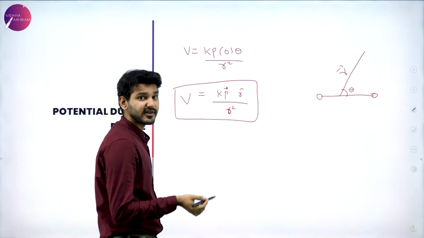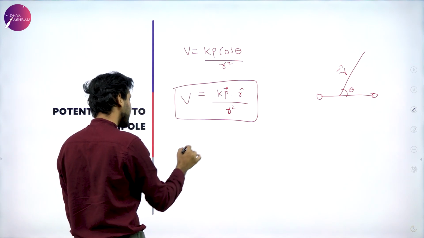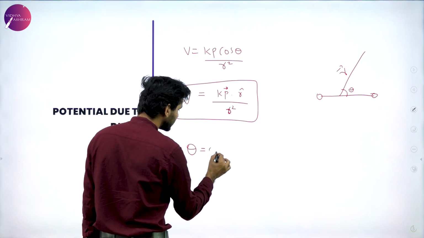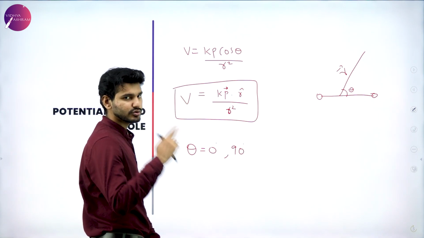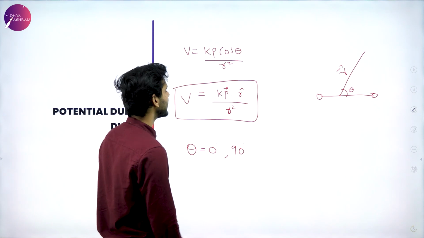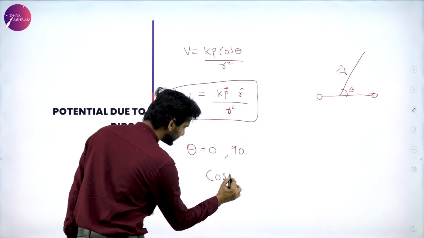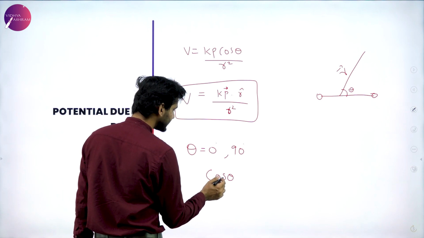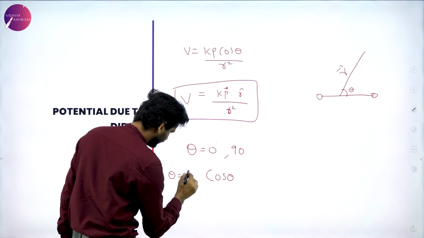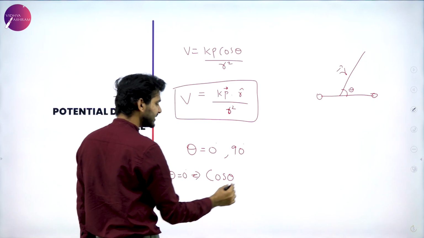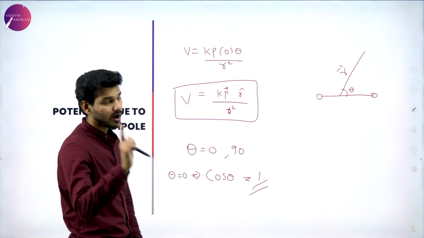And now to specify a few cases, since there is an angle here, we have to specify special cases. Theta equal to 0 degrees, theta equal to 90 degrees, just 2 is enough. If theta is equal to 0 degrees, then cos theta will be equal to 1, because cos 0 is nothing but 1.